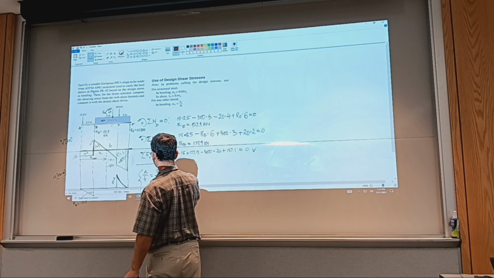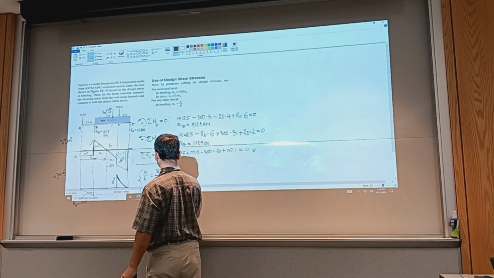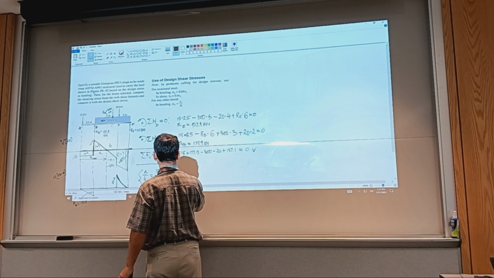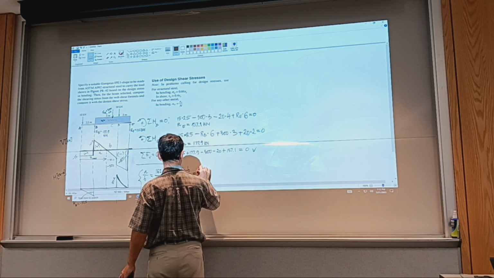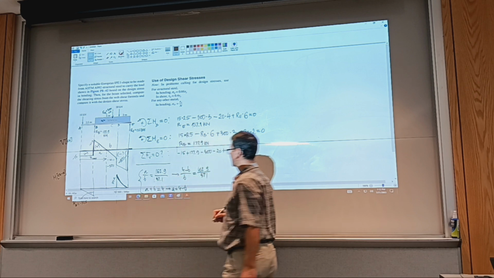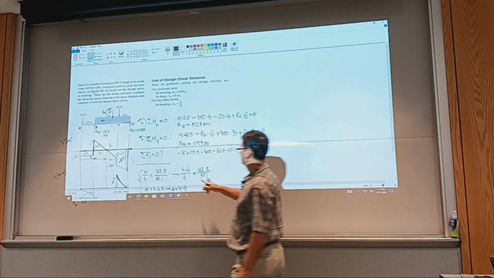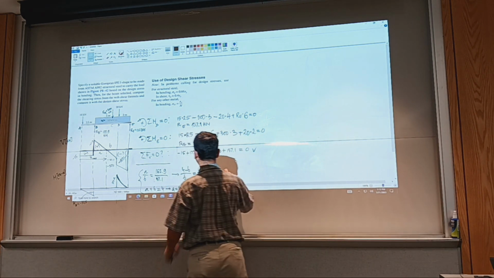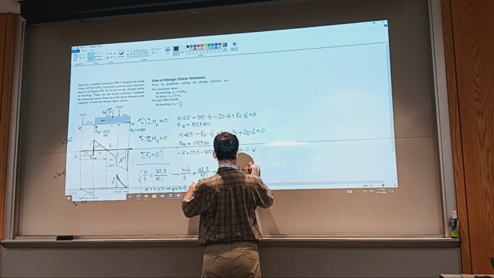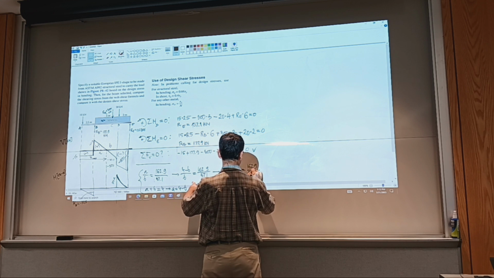One convenient way of doing it is to solve for A from this equation. So I have A equals 4 minus B. So (4 minus B) over B equals 162.9 over 37.1. Rewriting, it's 4 over B minus 1 equals 162.9 over 37.1.